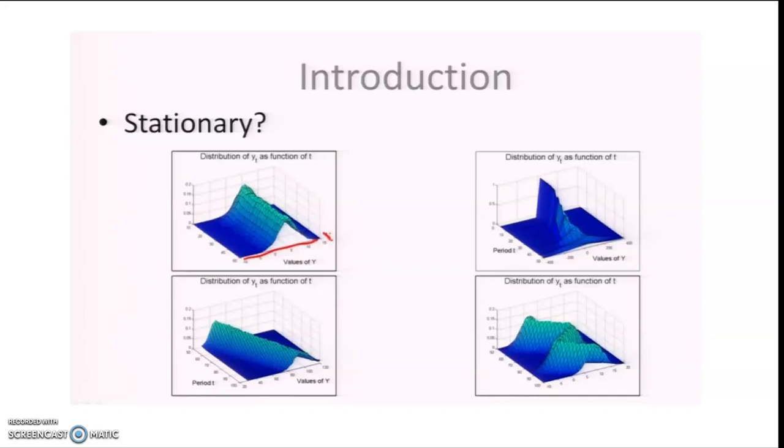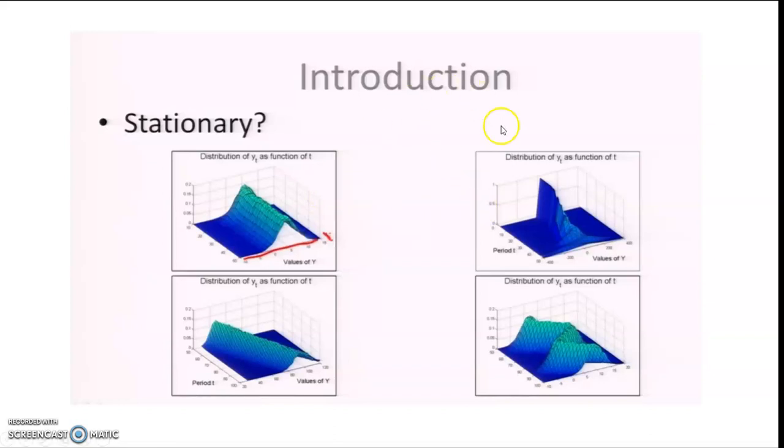So we start with the first figure, and if you look at this, this is the probability distribution function, this is the time period t, and these are the various values of y. So if you look at the spread or the distribution of this function, it remains constant and the mean also remains constant. So definitely this series, that is the yt series, is stationary.